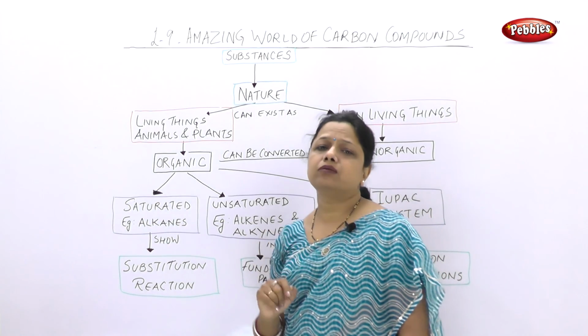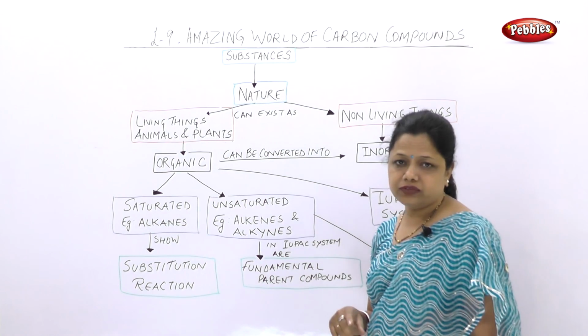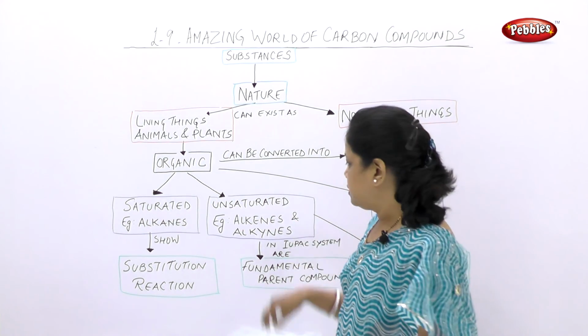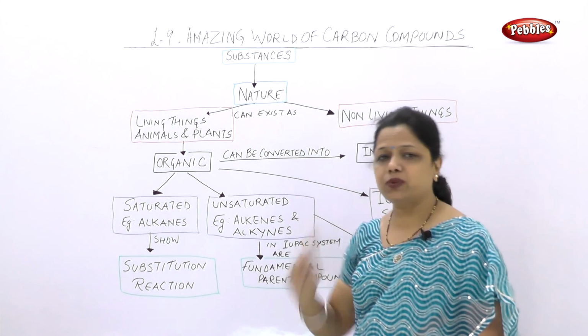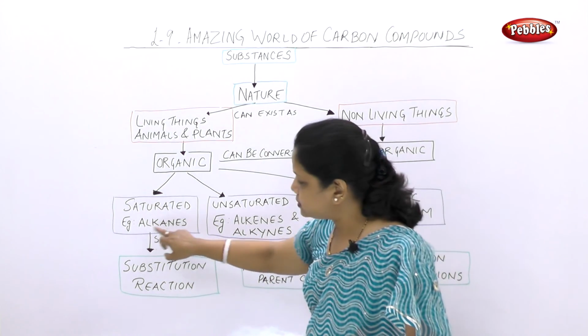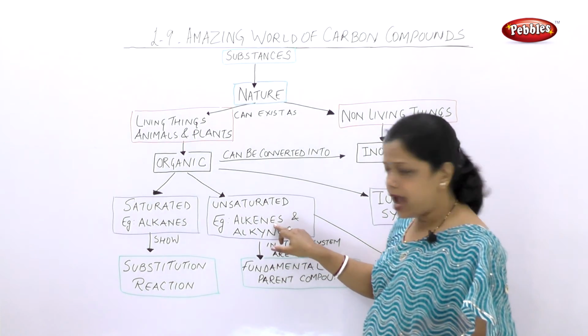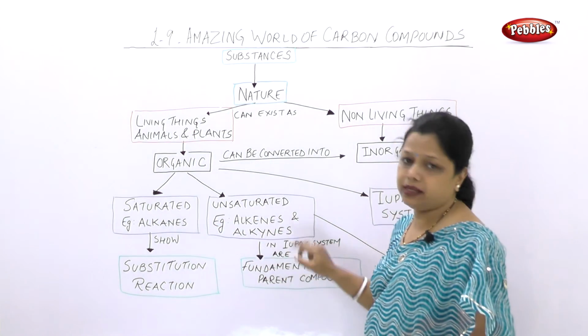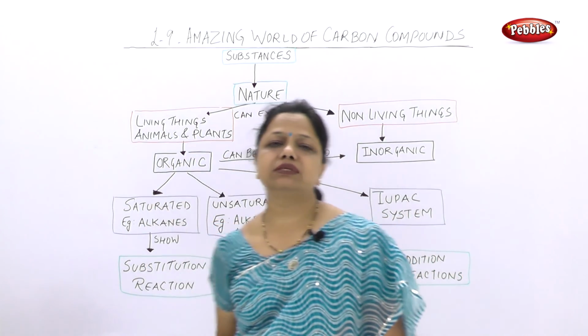Alkenes are the compounds which contain a double bond, and alkynes are the compounds which contain triple bonds. You can see the difference in the spellings. There is only one letter difference. Alkanes had ANE, alkenes have ENE, and alkynes have YNE. While I was explaining, I had told you the differences between them.